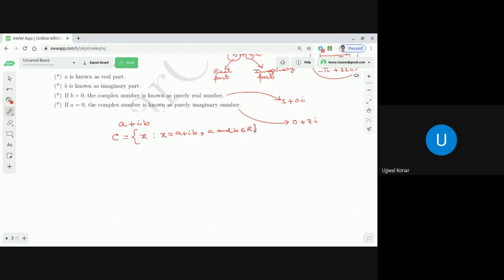In this way, capital C represents the set of all complex numbers.